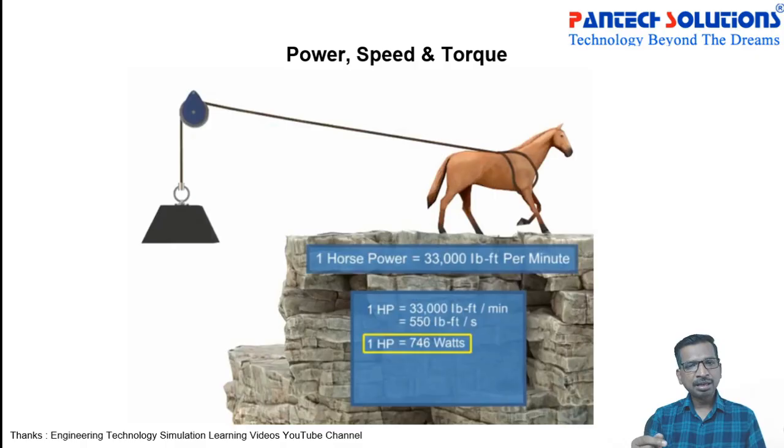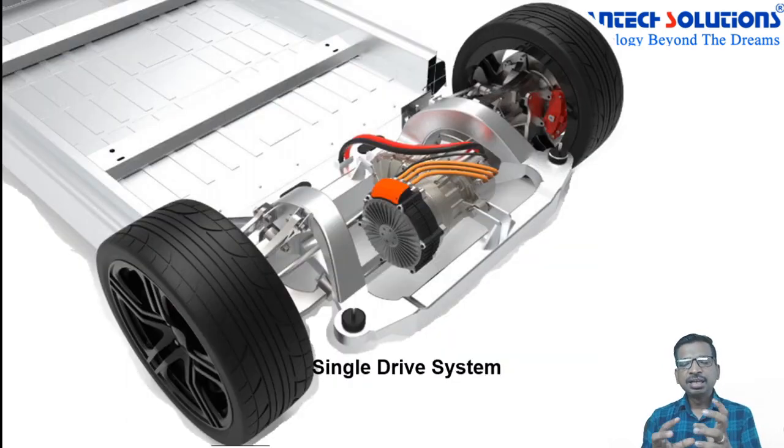Later they converted it to the SI unit, 746 watts. Suppose the horse finishes its work with this power, it's called 1 HP. Like this we can easily understand what is the ratio between the power, speed and torque in this electric vehicle system.